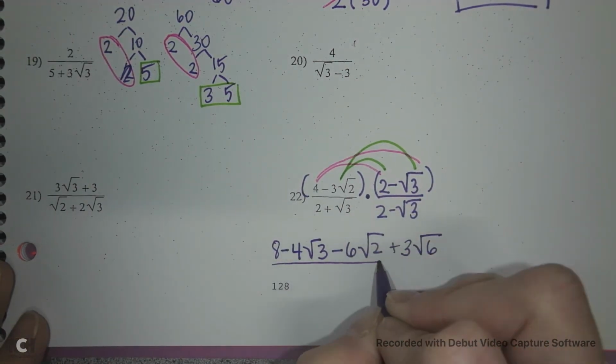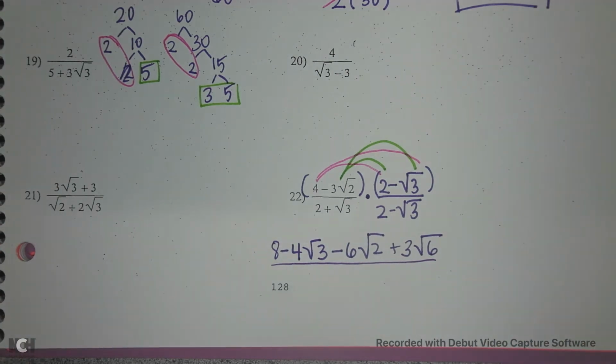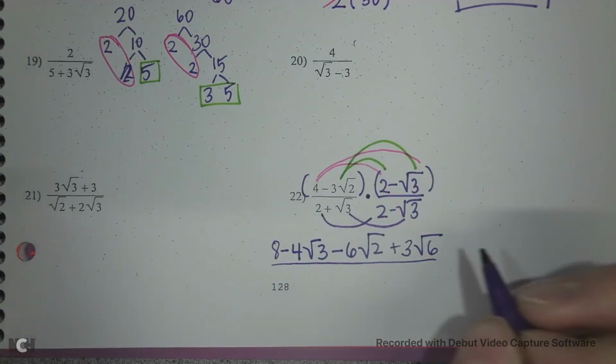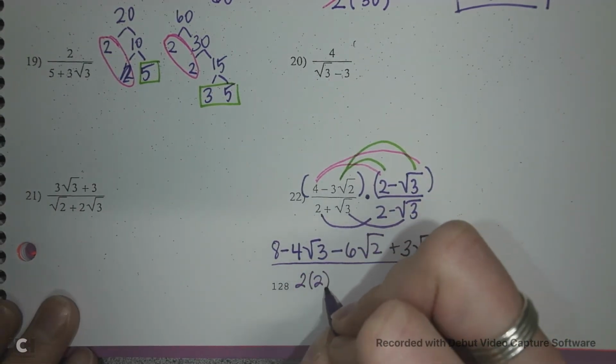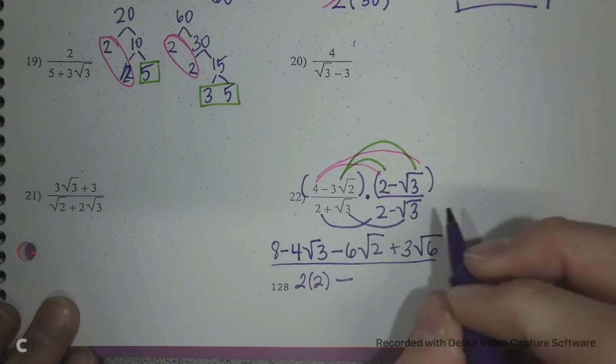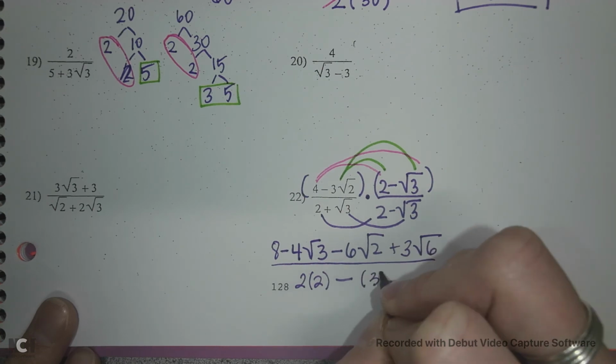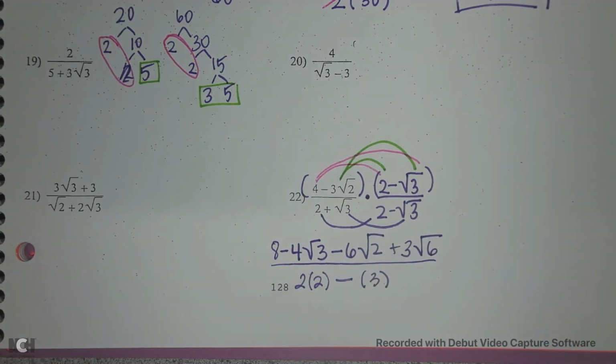Okay, underneath, all you have to do for your shortcut here is you need to multiply your first terms and your second terms. So we've got 2 times 2, always put a minus sign, and then I don't have any leading coefficients, so it's just going to be 3. Okay, and if you want more understanding of why, then you need to watch Friday's video.